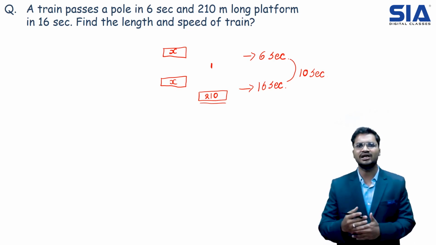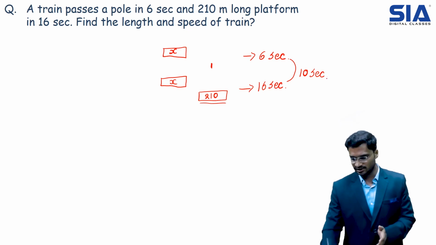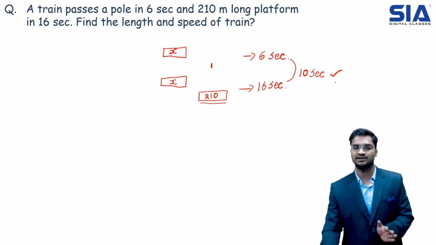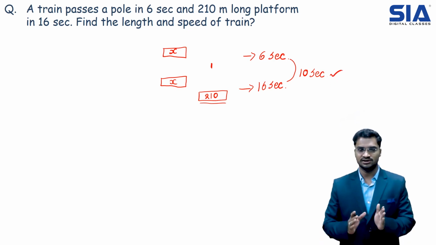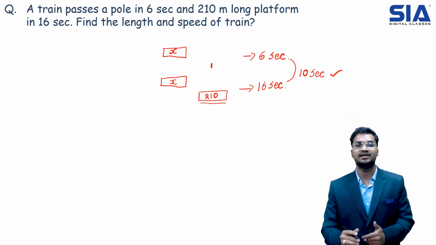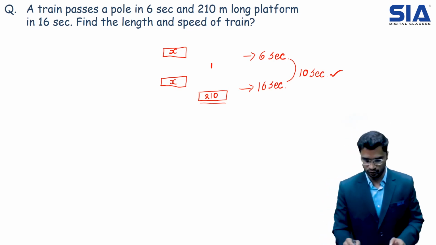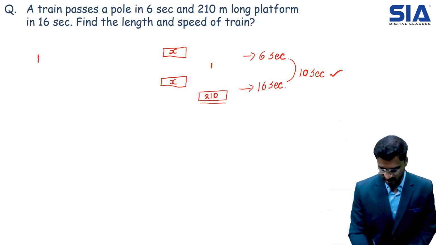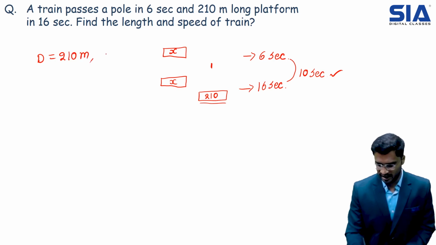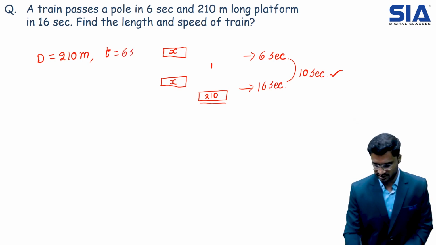So for covering that additional 210 meters, the train is taking how many seconds? 10 seconds. So understand this. Whenever I am adding an additional 210 meters, the train is taking an additional 10 seconds.